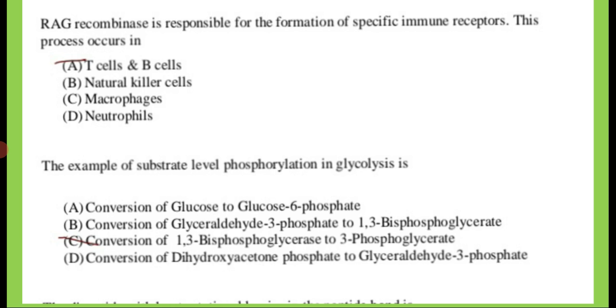Also in the tricarboxylic acid cycle, or TCA cycle, succinyl coenzyme A gets converted into succinic acid, and there is the production of an ATP or GTP molecule. This is also an example of substrate level phosphorylation. But this question asks about glycolysis. So the conversion of 1,3-diphosphoglycerate to 3-phosphoglycerate is an example of substrate level phosphorylation.